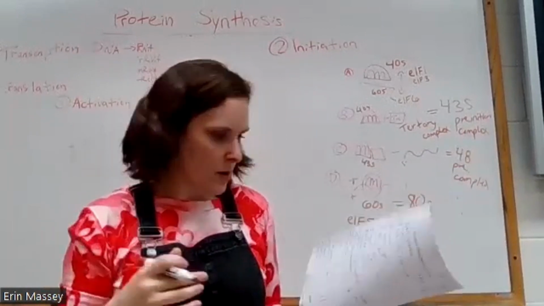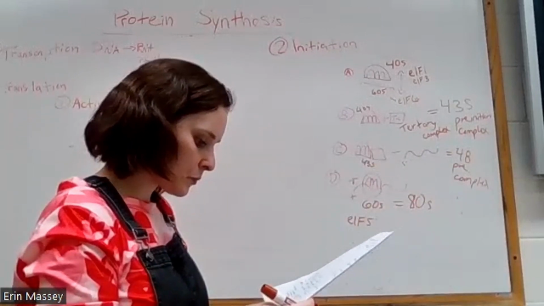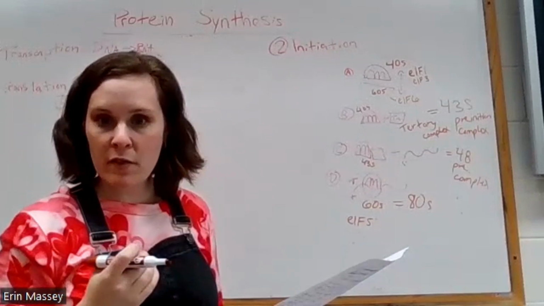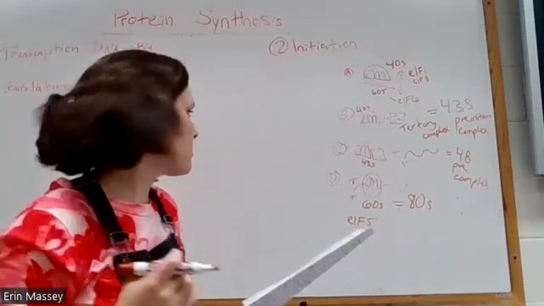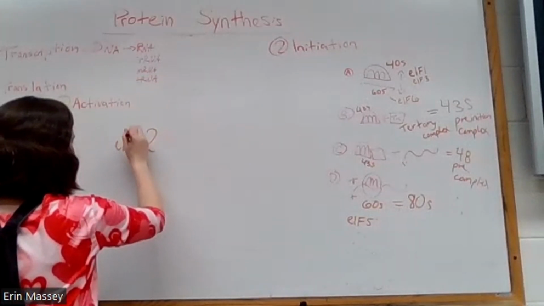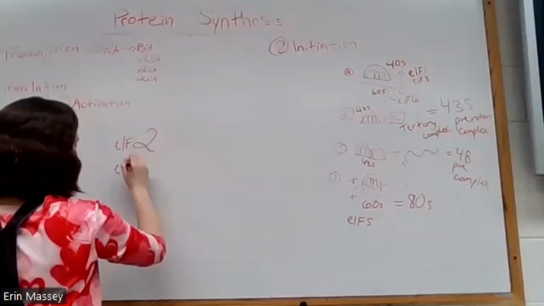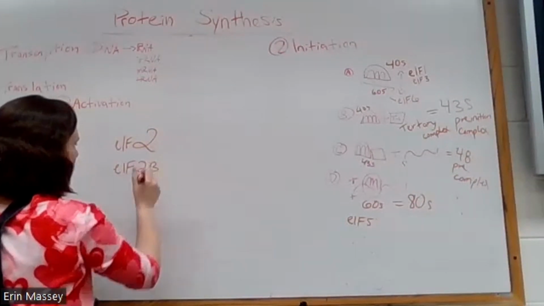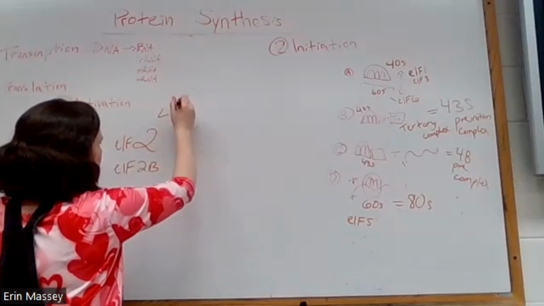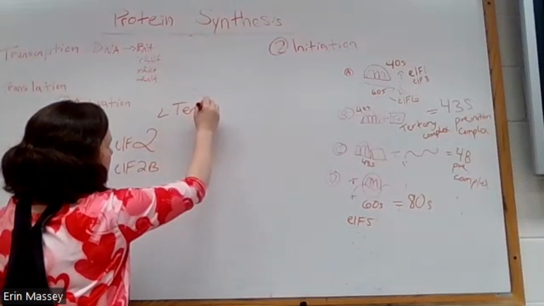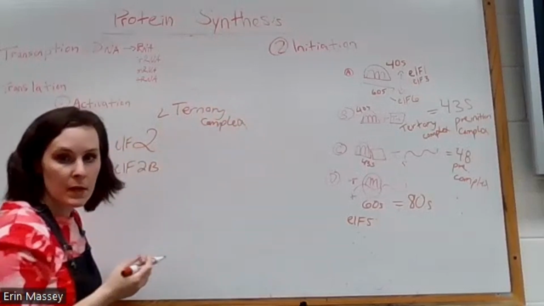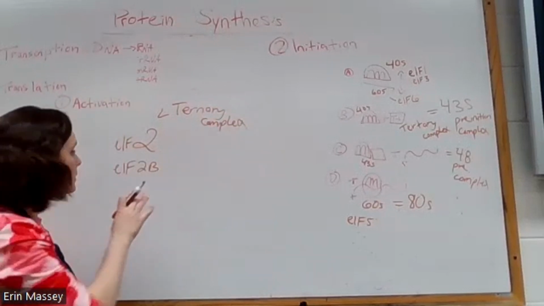Takeaway after reviewing this over and over again is that there's really two initiation factors that are different from the others. And that is initiation factor 2 and initiation factor 2B. Why are these different? So if you recall, these are needed to make your ternary complex.